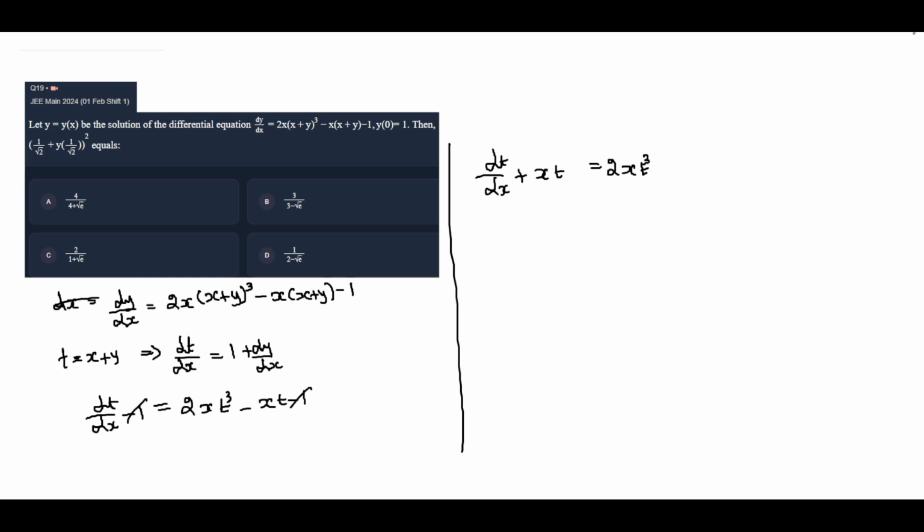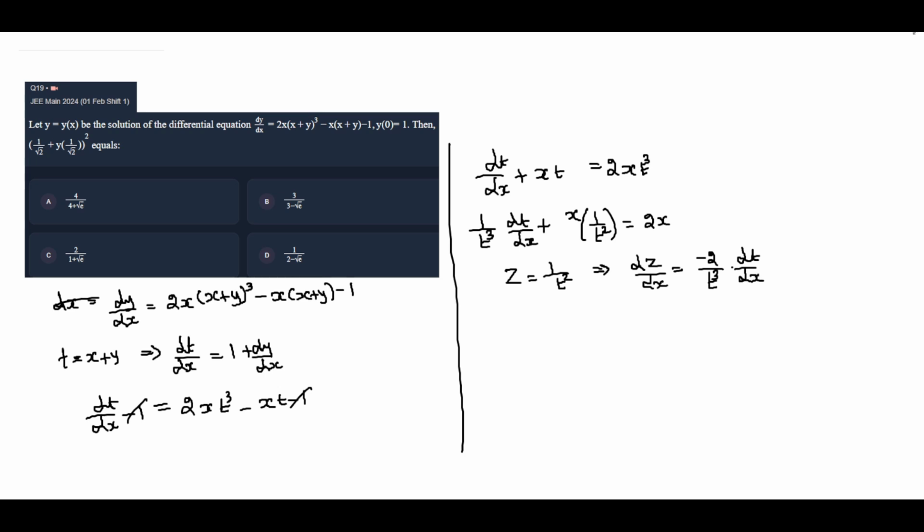Again, it is not a linear differential equation, so divide by t cube: 1 by t cube dt by dx plus x into 1 by t square, which is equal to 2x. Now consider z equal to 1 by t square, which implies dz by dx is minus 2 by t cube into dt by dx.